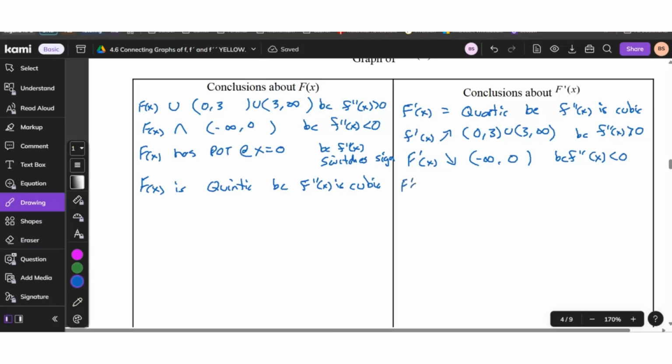So we could say f prime of x has a relative min at x equals something. Why? Because the second derivative has to switch how to give us a min? Negative to positive. And so where does that happen? At 0.